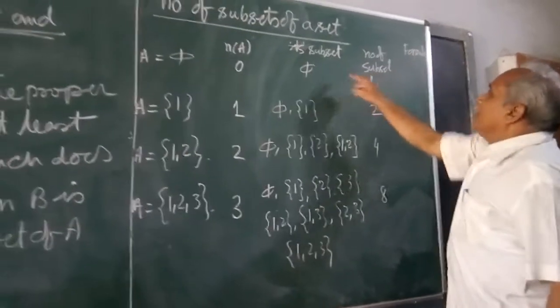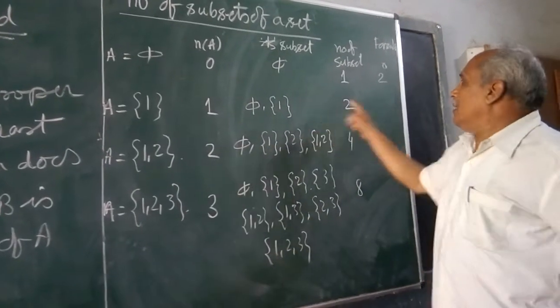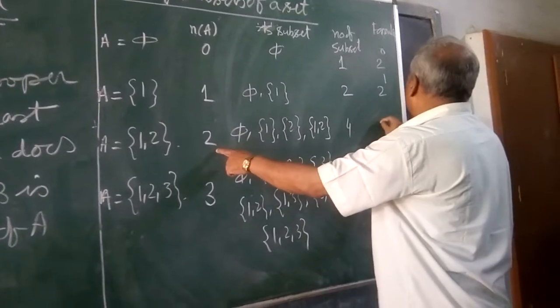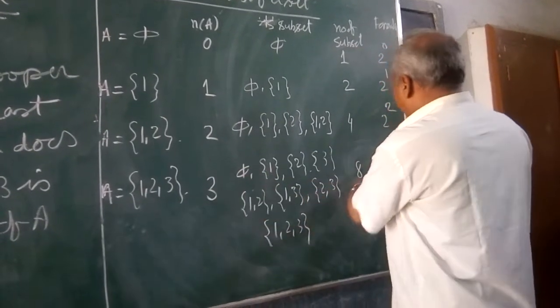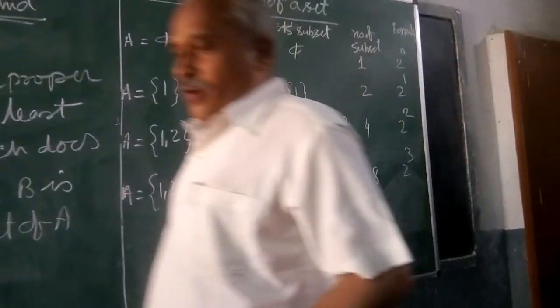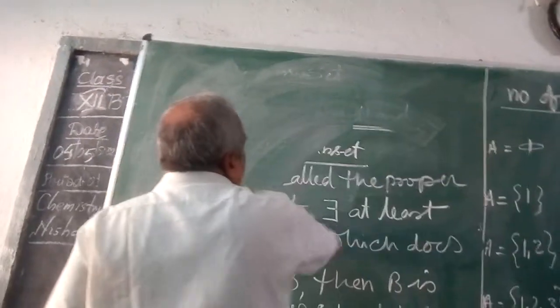This 1 can be written as 2 to the power 0. This 2 can be written as 2 to the power 1. This 4 can be written as 2 to the power 2. This 8 can be written as 2 to the power 3. Okay. From this induction, we can get a formula.